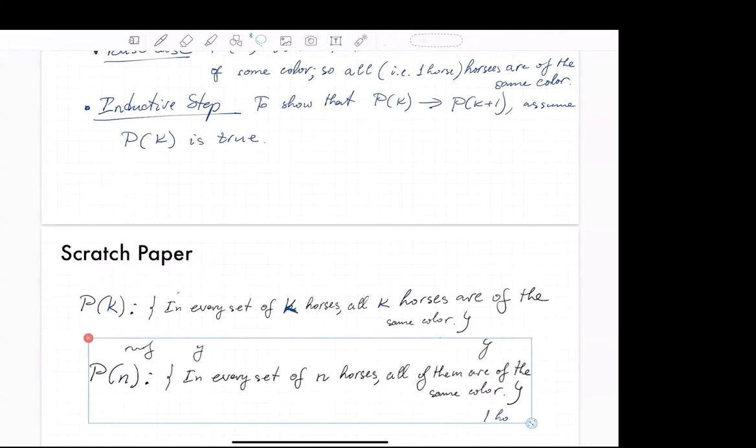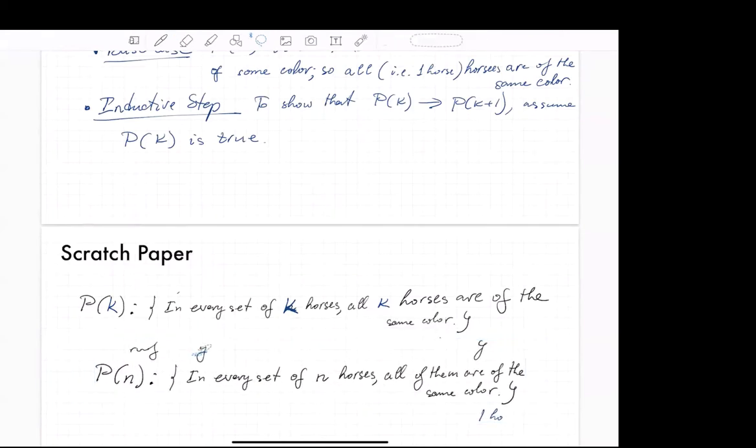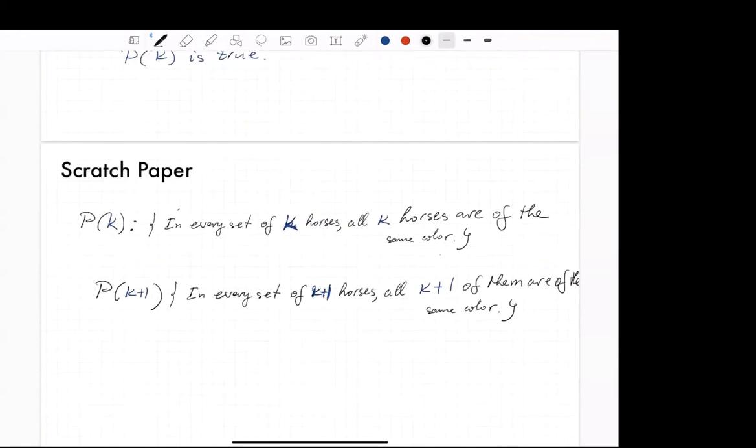P of K plus 1 is going to say that in every set of K plus 1 horses, all K plus 1 of them are of the same color. Okay, so I've just written out P of K and P of K plus 1.